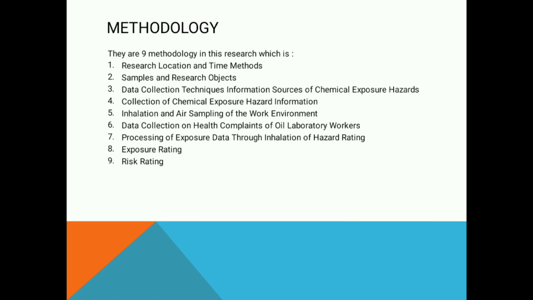Thirdly, data collection techniques, information resources of chemical exposure hazards. Information on the dangers of exposure to the organic chemicals benzene, toluene, and xylene was obtained from the US EPA, ATSDR, e-books, and online literature.